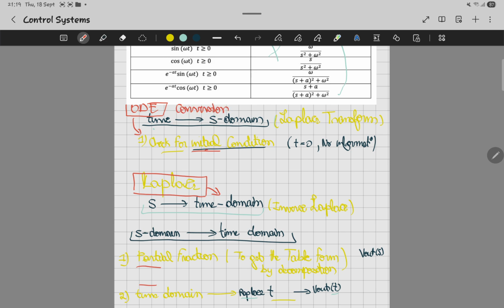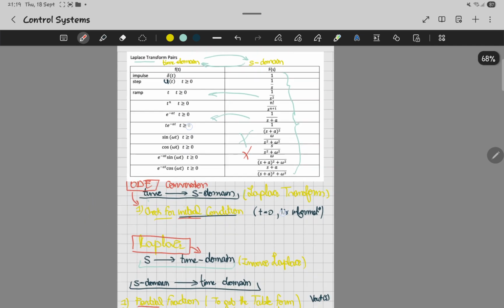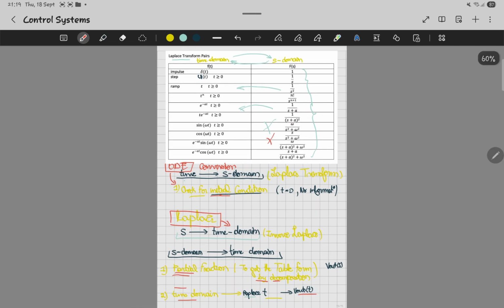But for inverse Laplace transform, you need to go for partial fraction first if you cannot find any form in this table. Then you replace the value of t if it's given. If not, you leave the equation as it is.